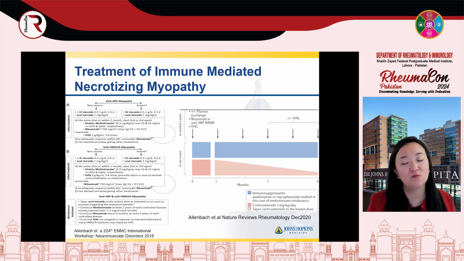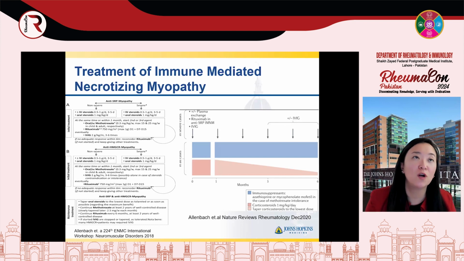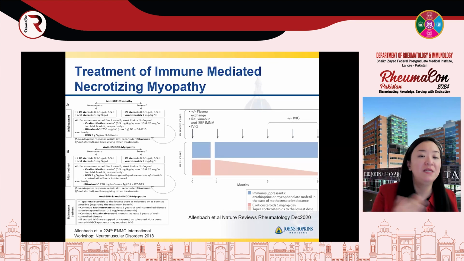These patients really respond beautifully to IVIG. You'll see that their CK will just come down very nicely with IVIG. So if your patient has severe disease and is already on an oral agent like methotrexate, mycophenolate, or azathioprine and is not responding, then we immediately add IVIG.